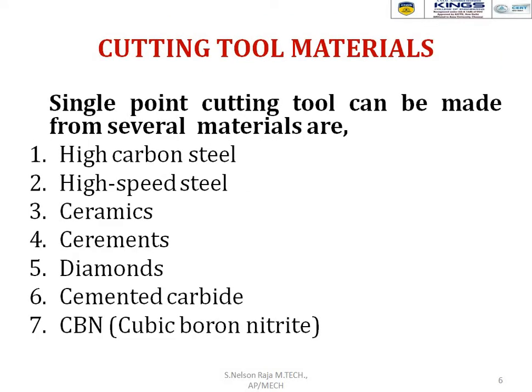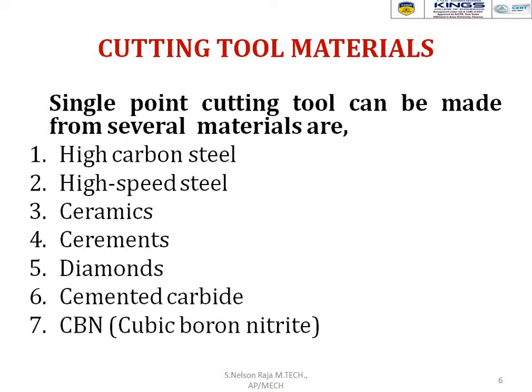And next, cutting tool materials. A single point cutting tool can be made from several materials: the first one, high carbon steel, also called HCS, and high speed steel, HSS, ceramics, cermets, diamonds, cemented carbide, and CBN, cubic boron nitride. So I have one question: why is a single point cutting tool made from these seven different materials?